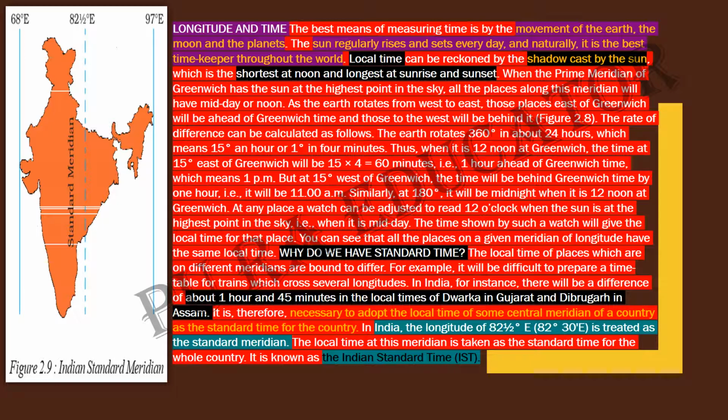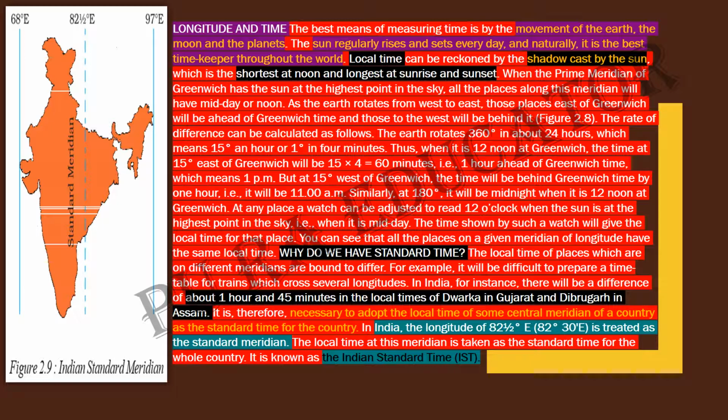Because the width of India is very long. It is from Dwarka in Gujarat to Dibrugarh in Assam. The time difference between the two places is 1 hour 45 minutes. So if we travel by train, it will be very difficult for us to change the time throughout. When you are in Gujarat, you will be behind, and when you are in Dibrugarh, you will be ahead by 1 hour 45 minutes.